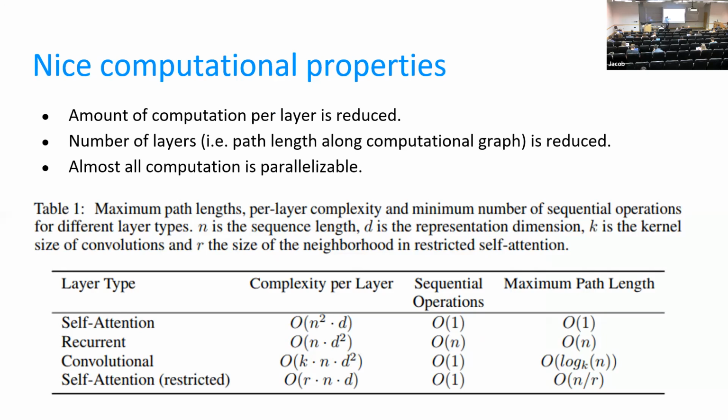So I'll stand over here so you can see. Self-attention complexity per layer, this is using big O notation for computational complexity, is n squared times d. And this is where n is the sequence length.